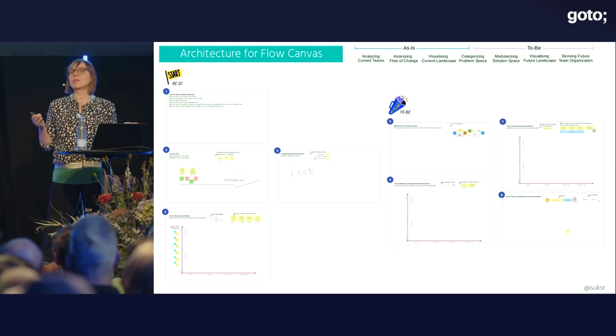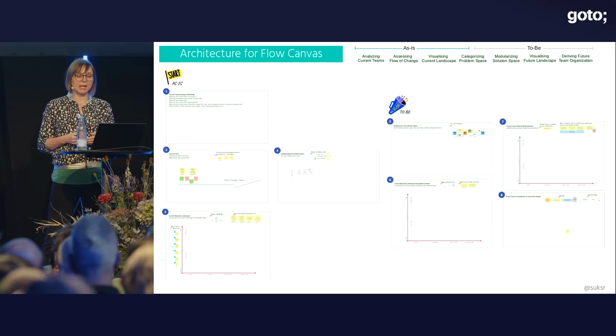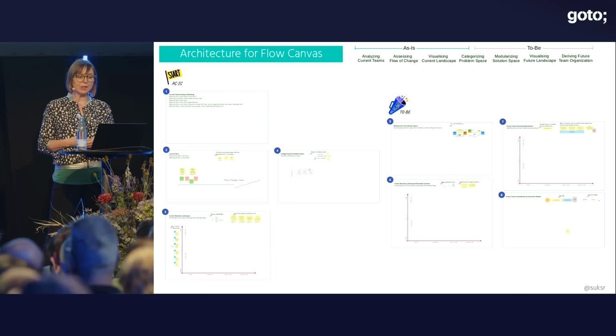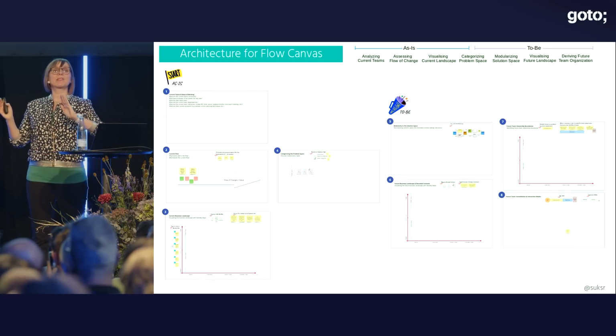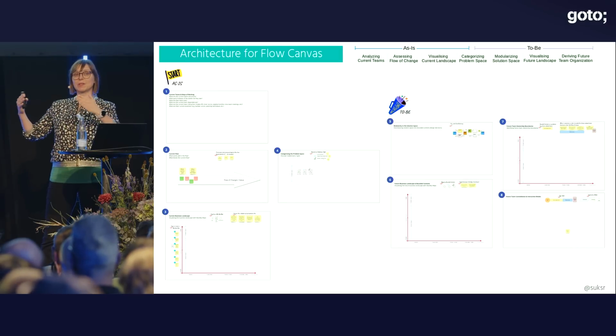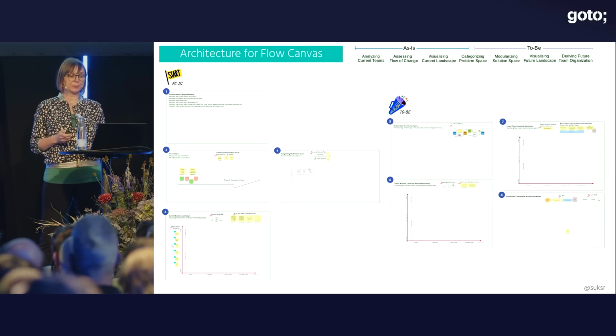And this canvas is not a rigid framework. Instead, it provides as little structure as possible, and can also be complemented with other techniques on demand as needed. So it typically starts with the teams of today, and then also envisions the teams of tomorrow.